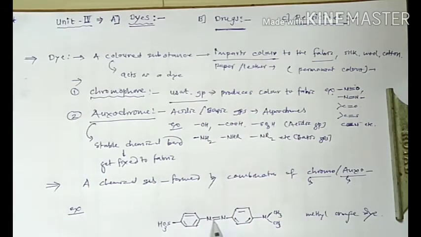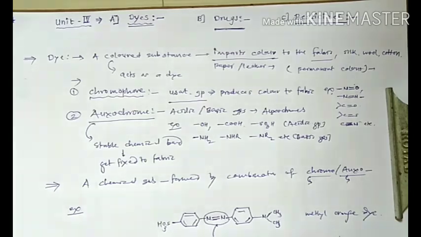The unsaturated group, N double bond N, is the chromophore, which is called the azo group. The azo group imparts orange color to the fabric, isn't it?